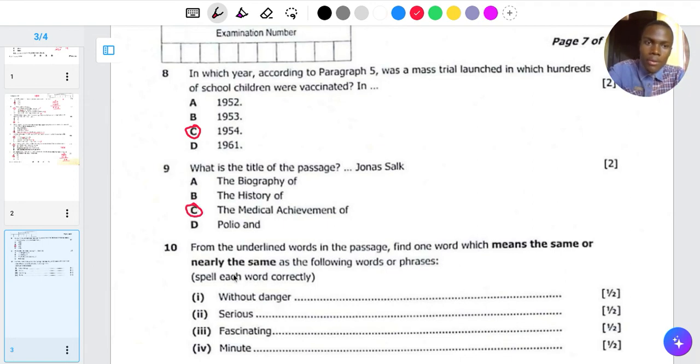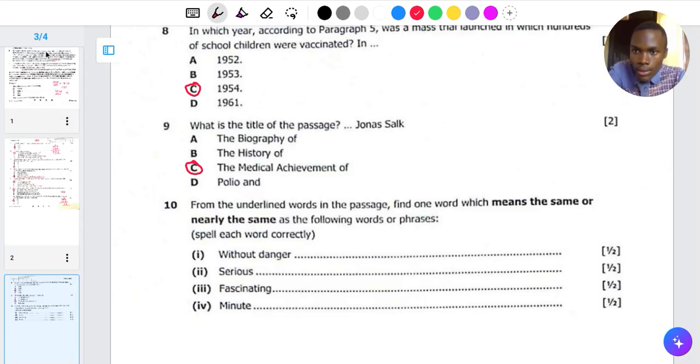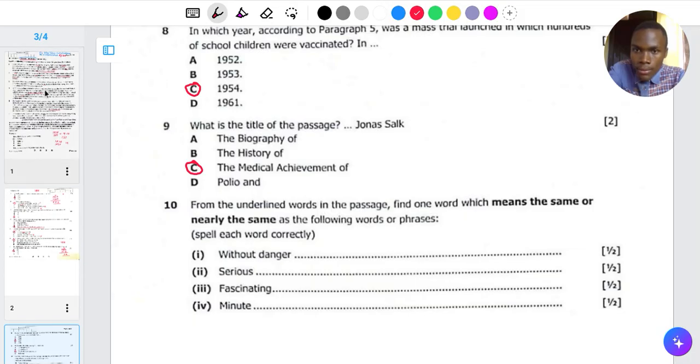Then from there, for question 10. Question 10 is saying, from the underlined words in the passage, find one word which means the same or nearly the same as the following words or phrases. Then spell each word correctly. So, without danger. Let's see the one which is underlined in the paragraph.